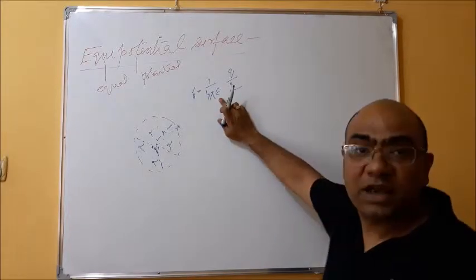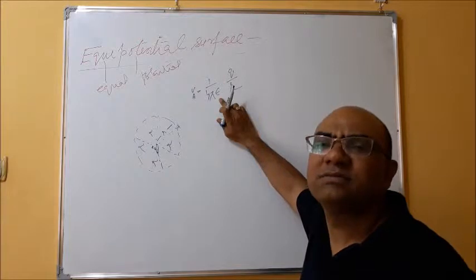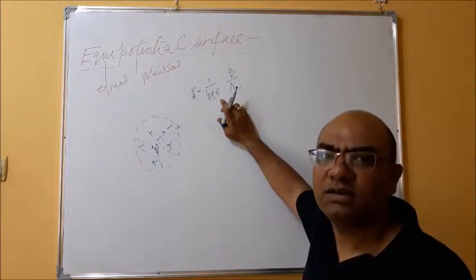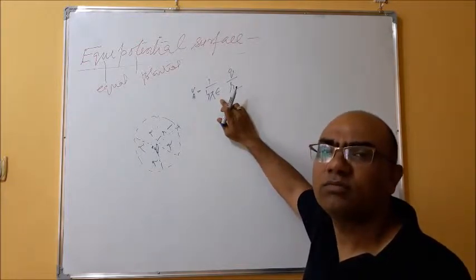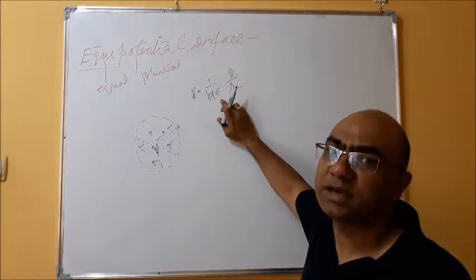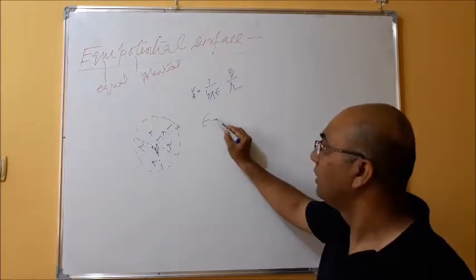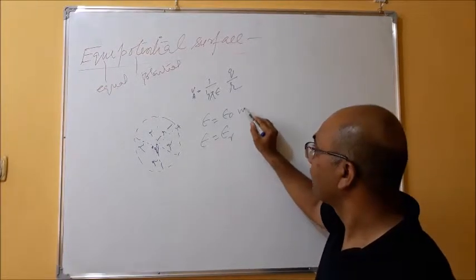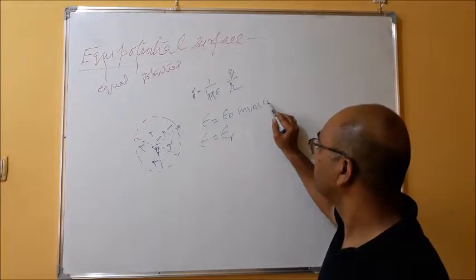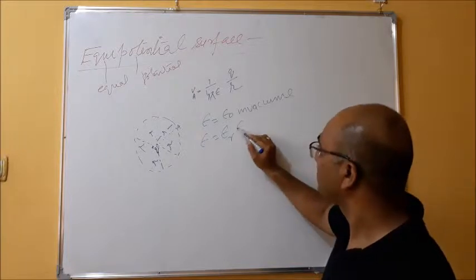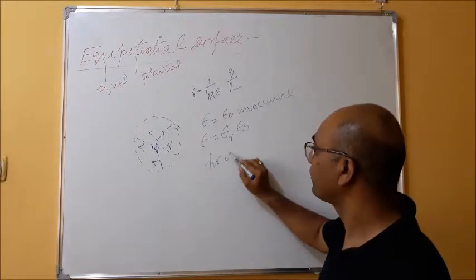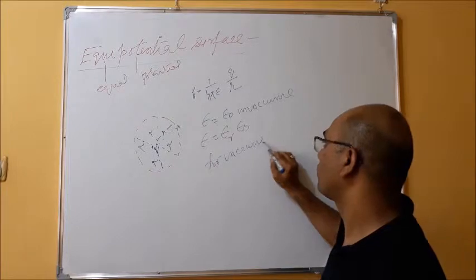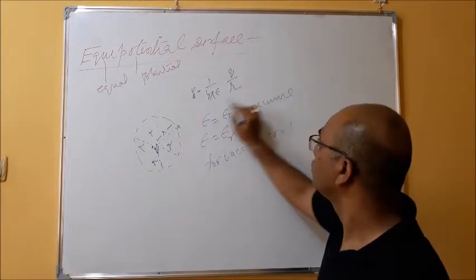Either you write epsilon or epsilon naught, it doesn't matter, because normally we work in vacuum, and in vacuum the value of epsilon r is 1, so epsilon equals epsilon naught.